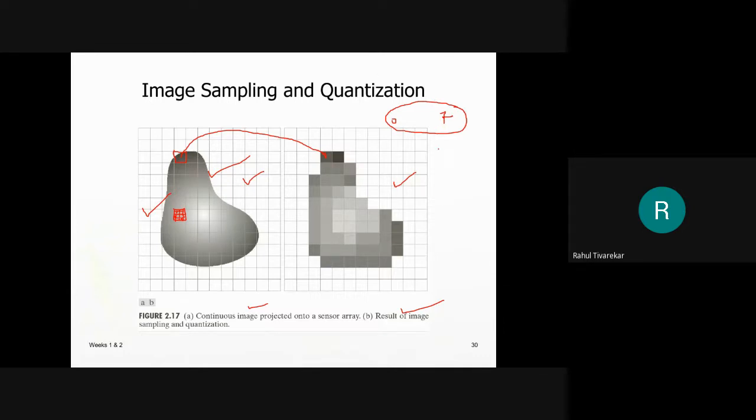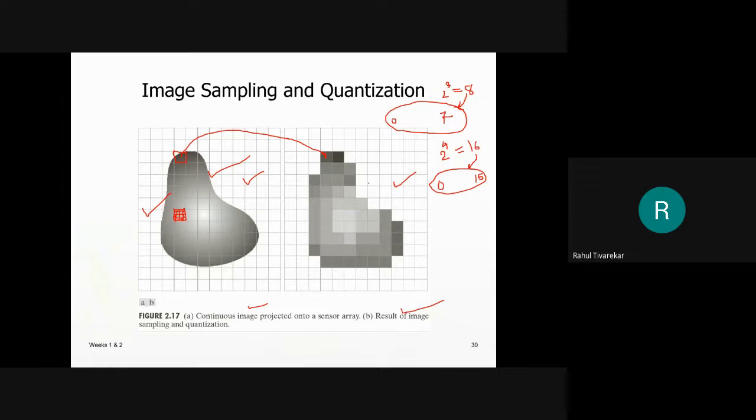Here I use 3 bits to represent data, so 2 raised to 3 is equal to 8 intensity levels, meaning 0 to 7. Instead, let's say I use 4 bits to represent the data, and hence I will have 2 raised to 4 equal to 16 intensity levels. 16 intensity levels means intensity 0 to intensity 15.